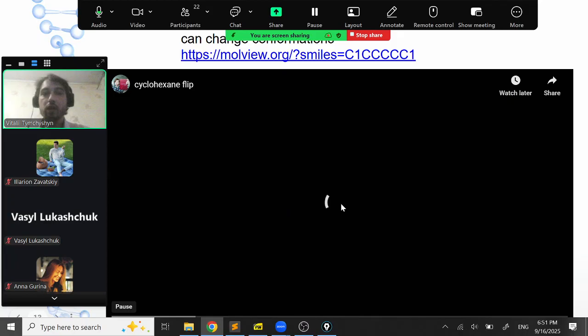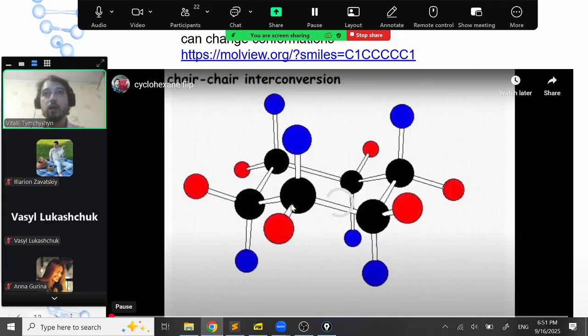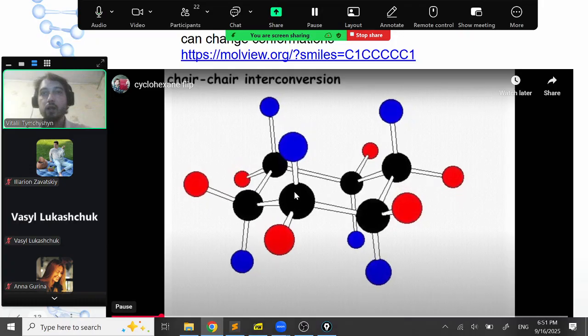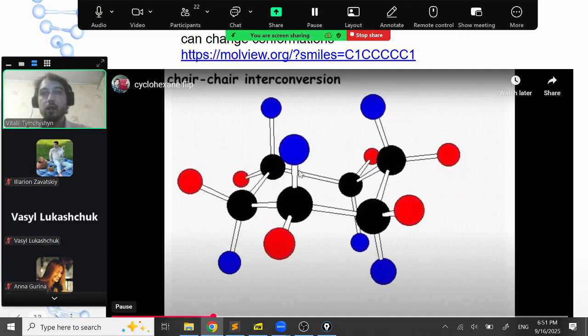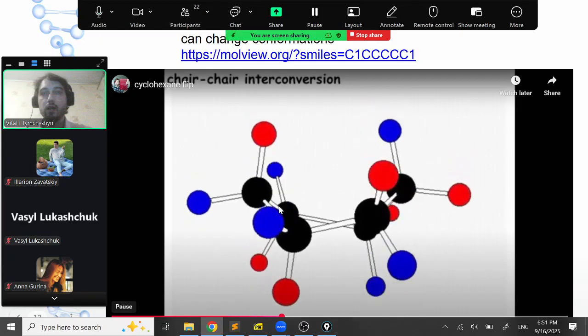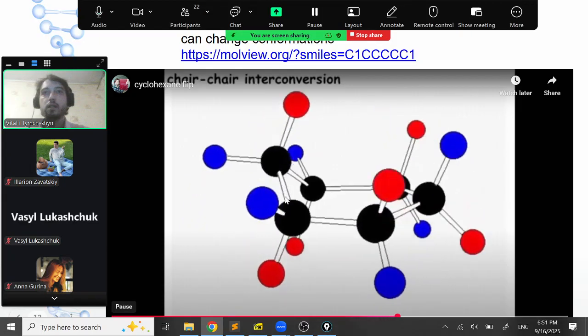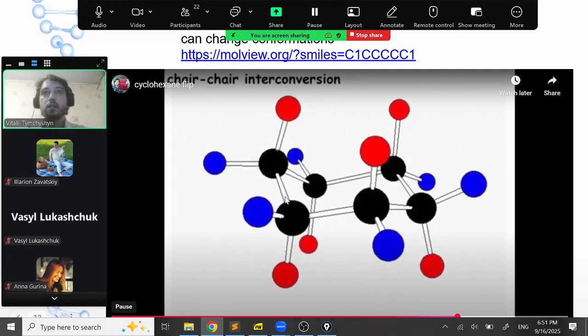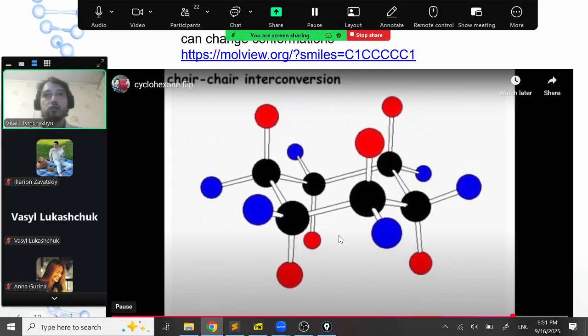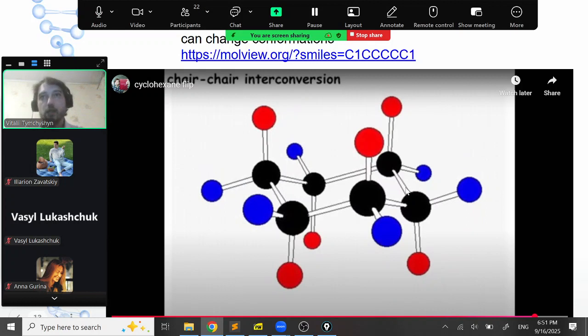So what I want to show you is that rotation around single bonds turns axial hydrogens into equatorial. We started with blue hydrogens axial. Now something is happening, and now we finish with red hydrogens axial, and blue hydrogens are now equatorial.